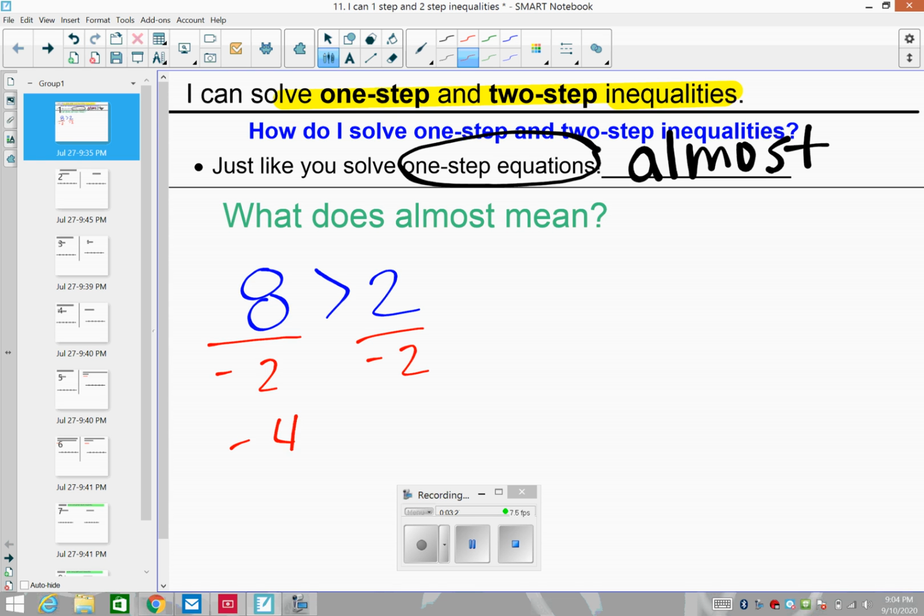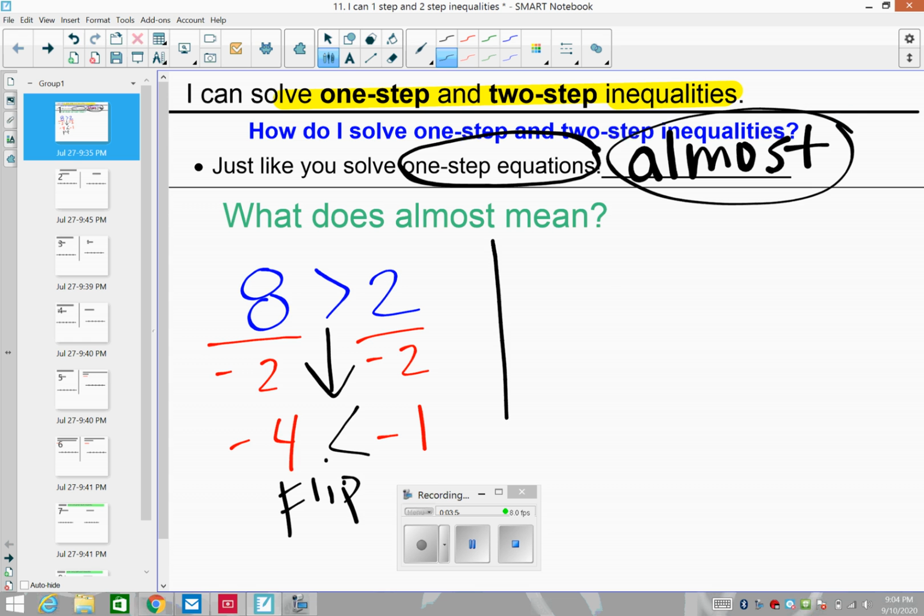Negative 4, negative 1. Is it still true that the left side is greater than the right side? Is it true that negative 4 is greater than negative 1? No. So when we divide by a negative, the sign has to flip. That's what we mean by almost.